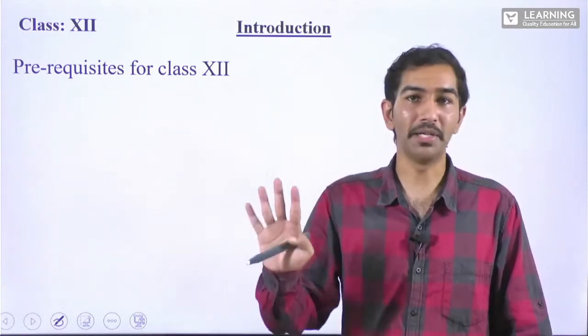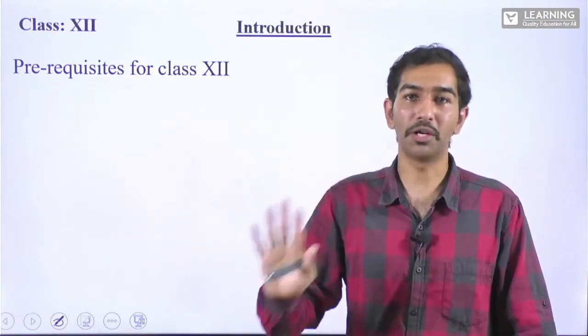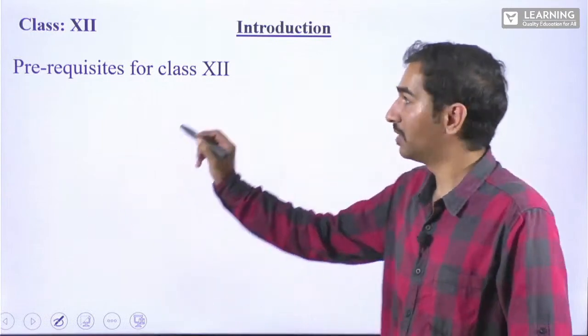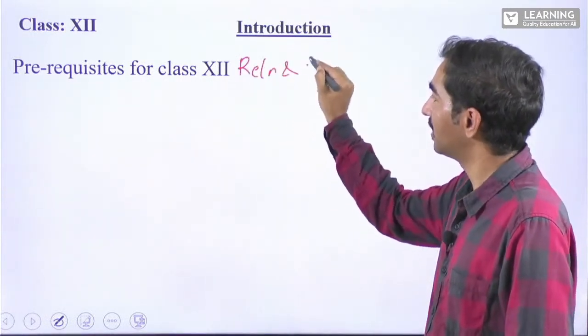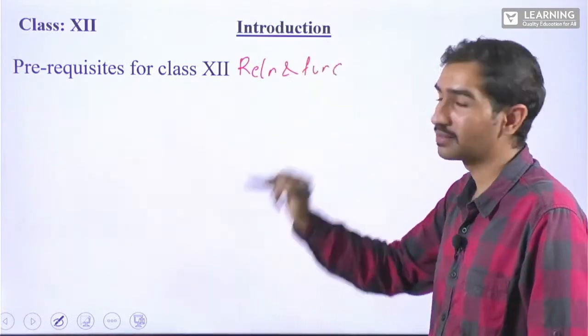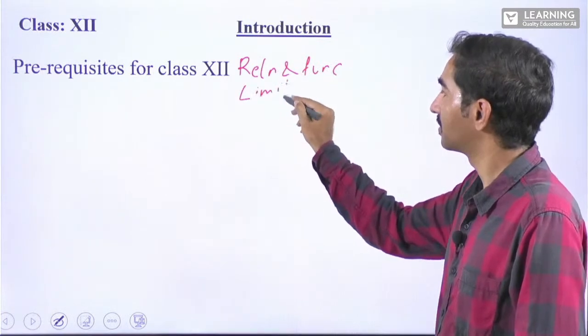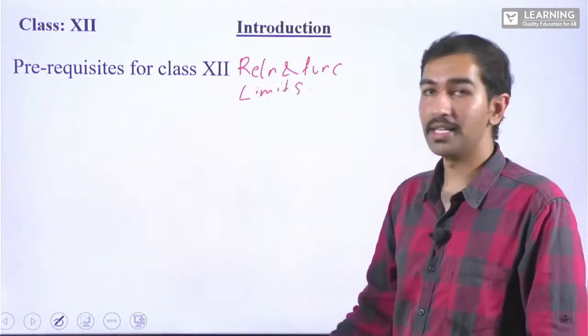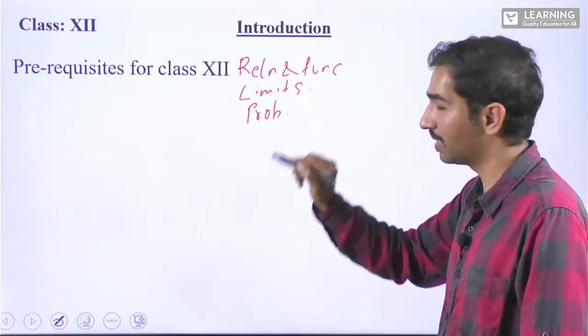Four topics in particular, students. You need to be very comfortable with these four topics. What are those four topics? The very first one is relations and functions, which you studied in class 11th. Next is limits and derivatives. The next is probability, which you studied in class 11th.